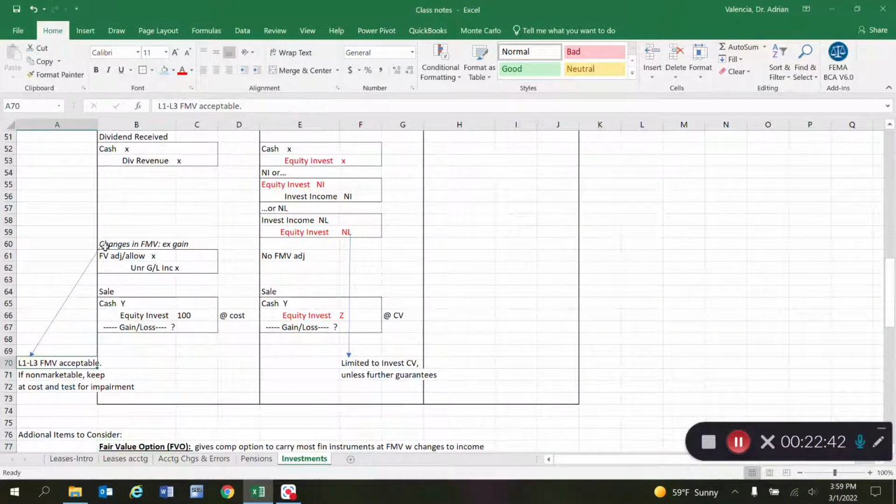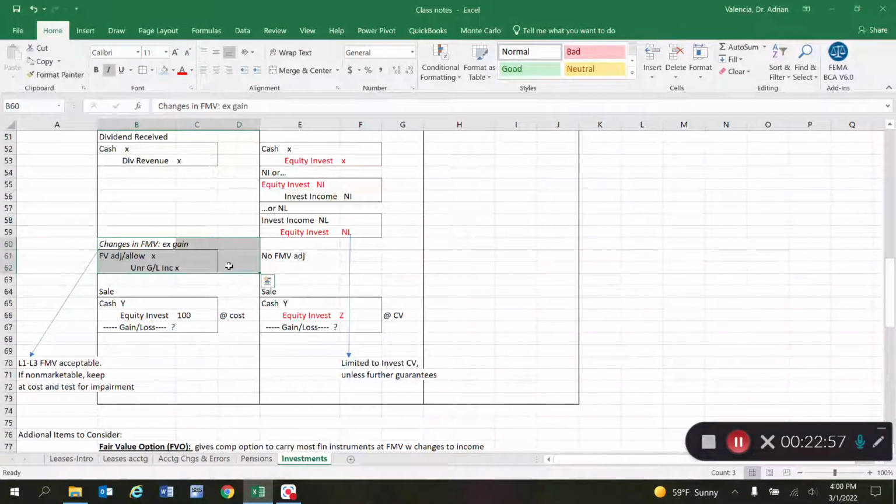So in other words, we probably never think about this, but how do you value how much that investment is worth? Most of the time it's very clear. If you invest in ABC company and you buy so many shares of ABC company, at any reporting period you can always go to the stock market and figure out what that ABC stock is worth.